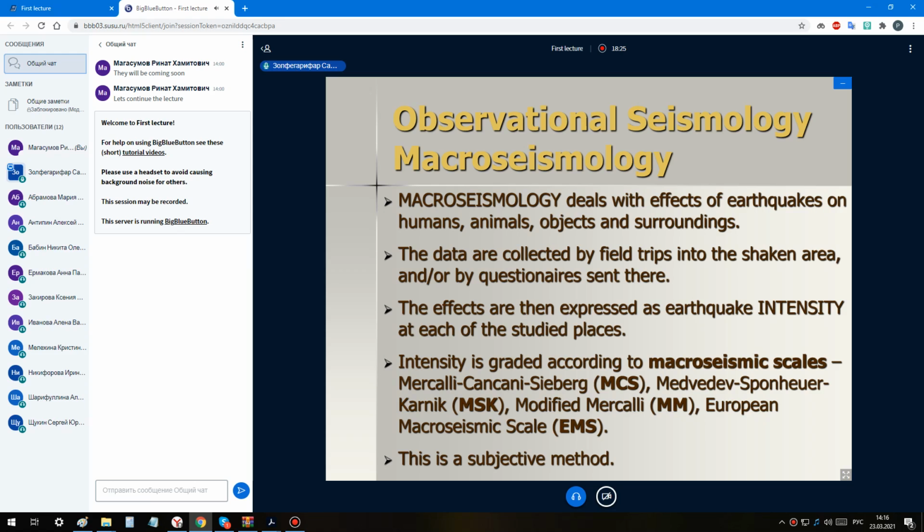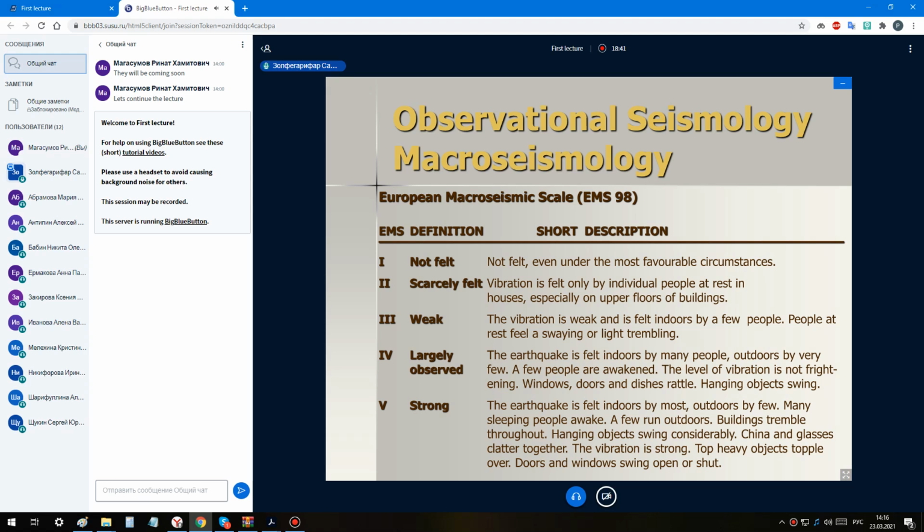These are subjective methods and standards for measuring the intensity, graded according to macroseismic scales with different standards in different countries.